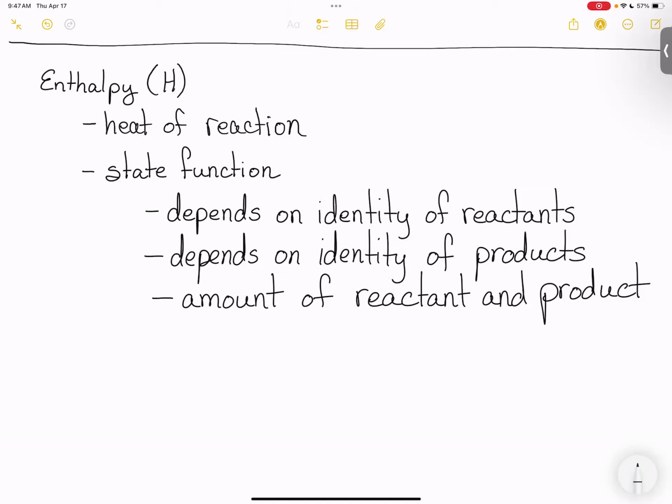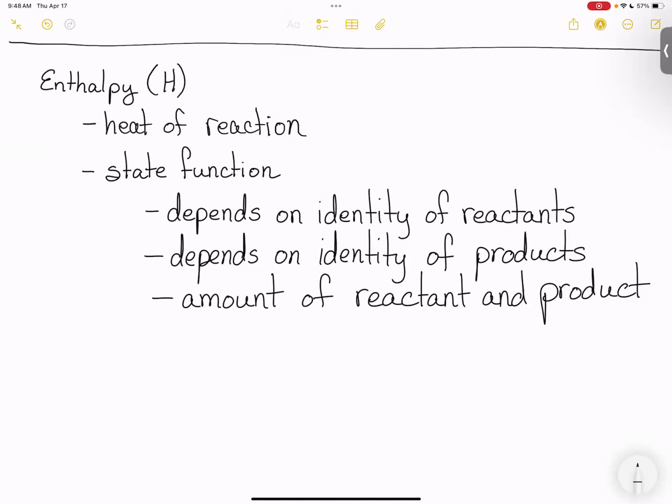Let's think about this from an explosion. I can have a single firecracker. It's going to give off a certain amount of energy, right?